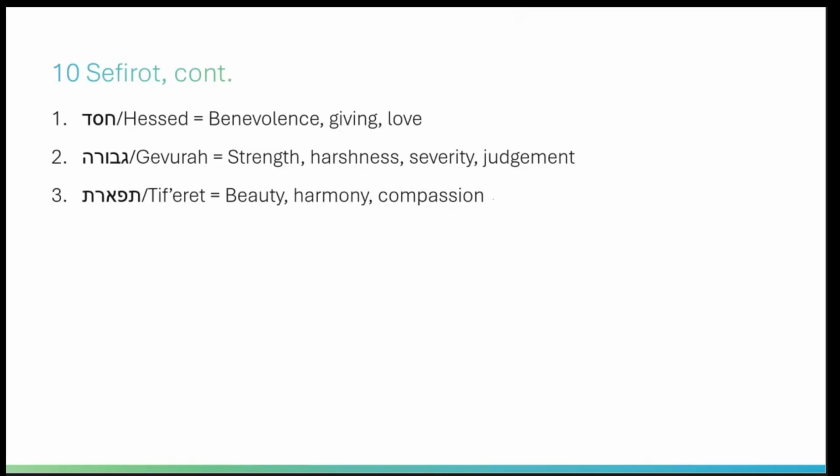Gvura, on the other hand, is judgment. It would be very judgmental, very strict about who is worthy and how much, and would only allow everybody to get what they deserve. Compassion is a kind of open-eyed love.